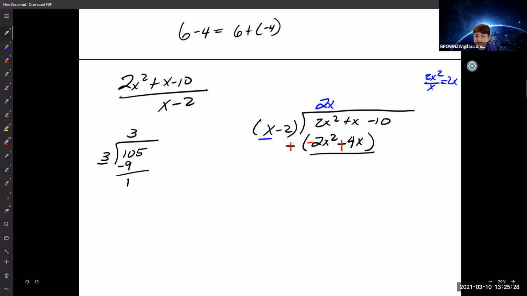Why this is nice is that now it's very easy to see we have x plus 4x, so we come down and get 5x. Whereas before, a lot of students would say, oh, that's an x, because you're mentally doing addition, so they would have written a negative 3x, which would be incorrect because we're actually doing a subtraction.